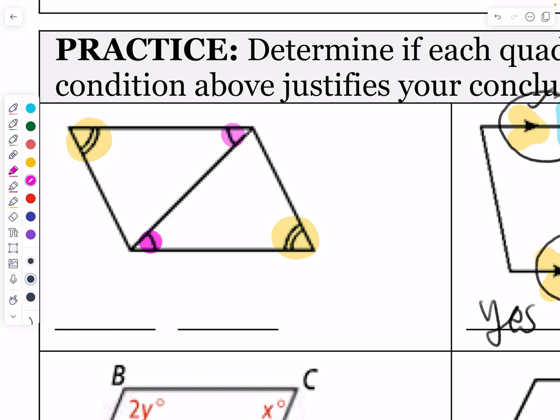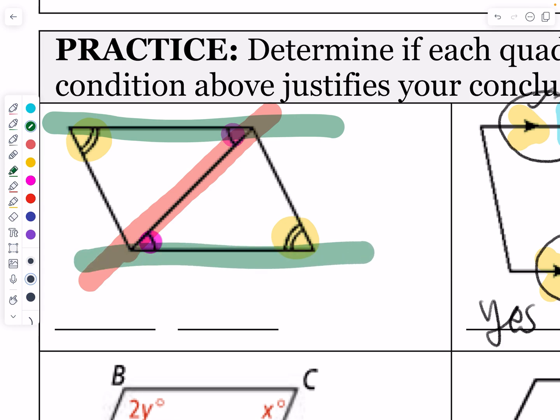Right now, those are what we call alternate interior angles. This is my transversal happening right here, and those are alternate interior angles. So here's what happens. We are able to say that these green lines must be parallel to each other, because if alternate interior angles are congruent, then those lines must be parallel, because of these pink alternate interior angles.